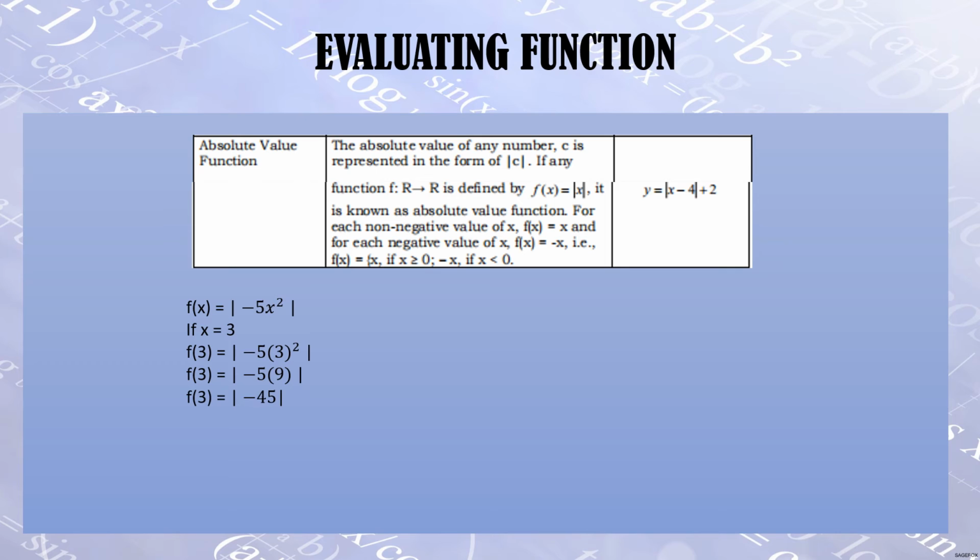We will get negative 5 times 9 is negative 45. Ito na yung sinasabi natin na kapag ang any number ay nasa loob ng absolute value, kung negative yan, pagka kinuha natin absolute value, nagiging positive yan. Okay? Whether negative or positive, pagka kinuha natin yung absolute value ng isang number, nagiging positive ang kalalabasan.